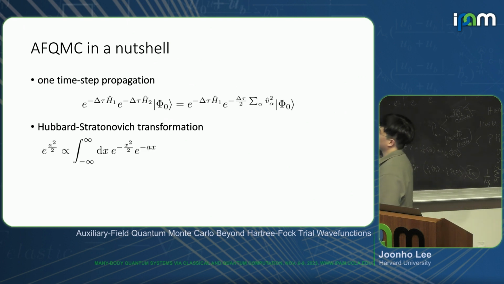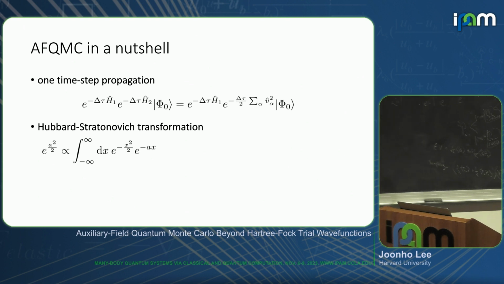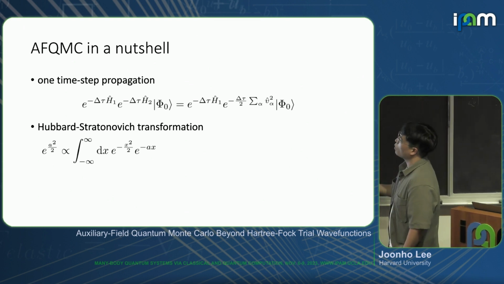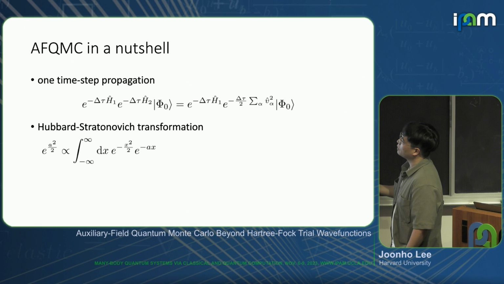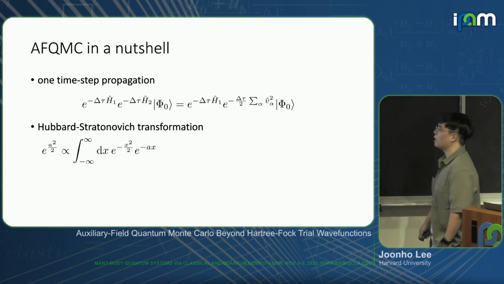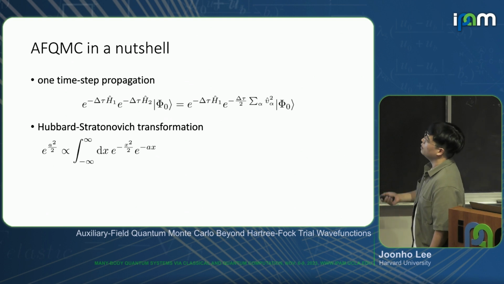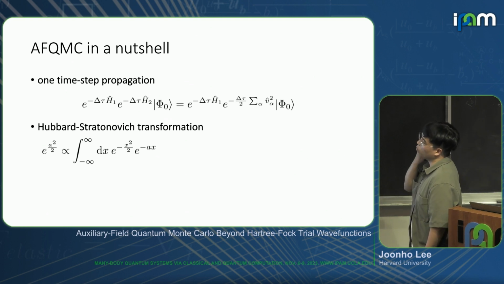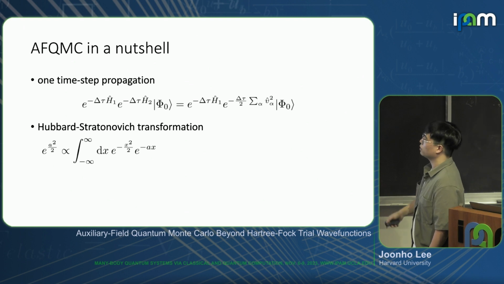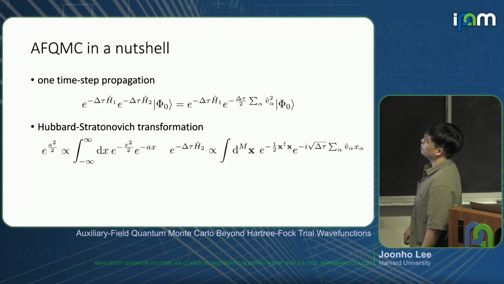And I'm going to do this Gaussian integral. I'm going to go backward, where I know what's on the left is going to be the same as what's on the right if you actually integrate out the x variable. And this x is what I will call the auxiliary field, and that's the origin of this name, auxiliary field quantum Monte Carlo.